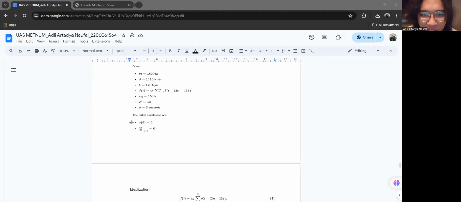With the initial conditions x(0) equals 0, and dx/dt at t equals 0 equals 0.